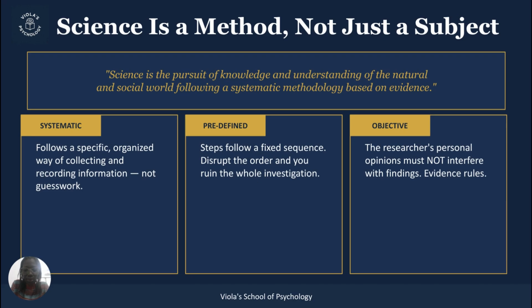Also, we see predefined steps in the textbook definition I just talked about, and this means that whatever steps you're taking in your scientific study follow a specific sequence, and if you disrupt that sequence, you corrupt the entire investigation, okay?